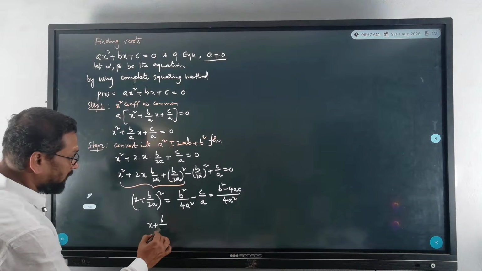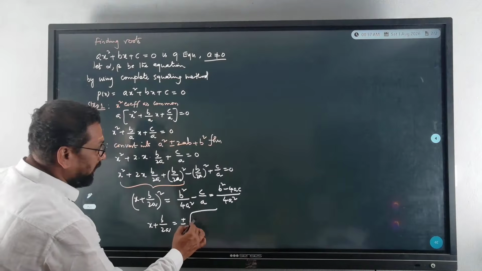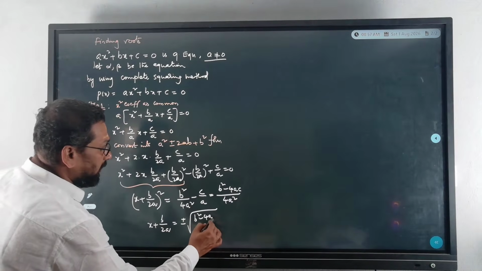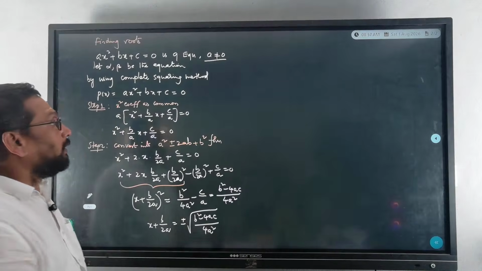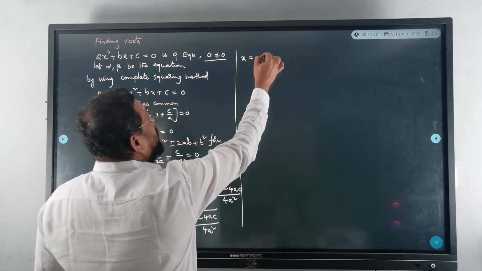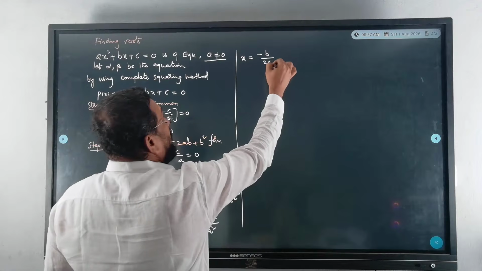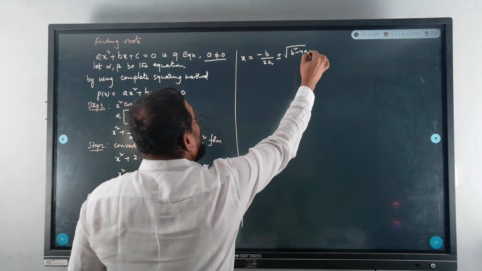So x plus b by 2a is equal to plus or minus under root b square minus 4ac upon 4a square, right? So x is equal to minus b by 2a plus or minus root over b square minus 4ac by 2a.